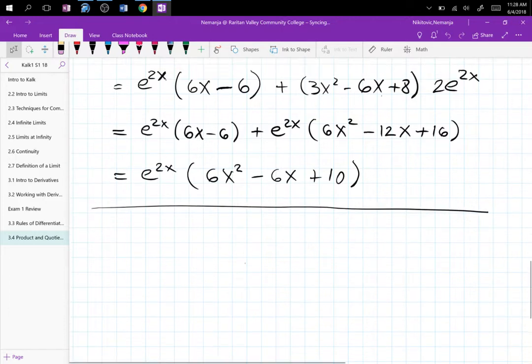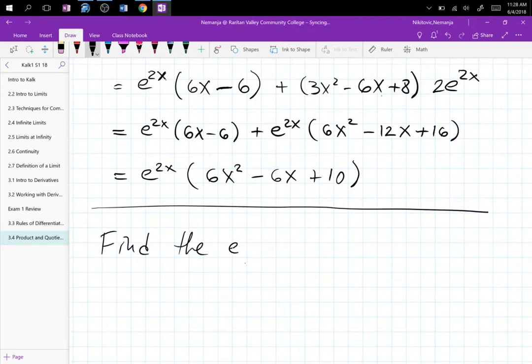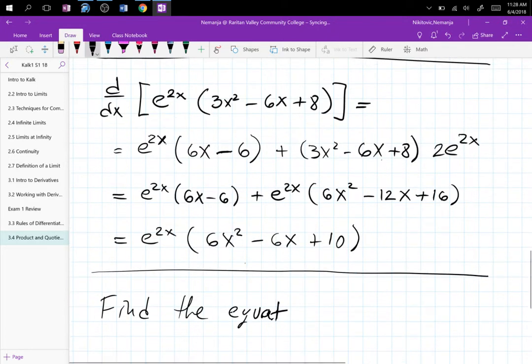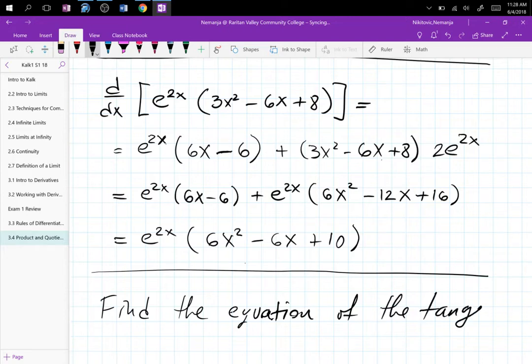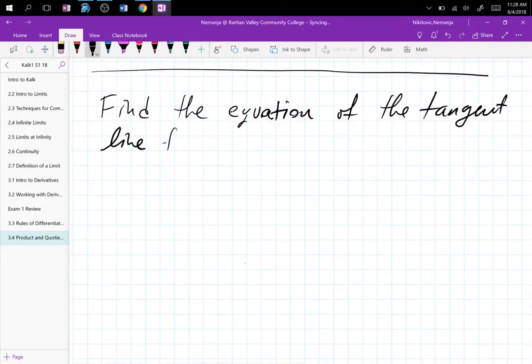We're done with the product rule. No. We're not done with the product rule. Find the equation of the tangent line for f of x equals, I think I have to restart this thing.